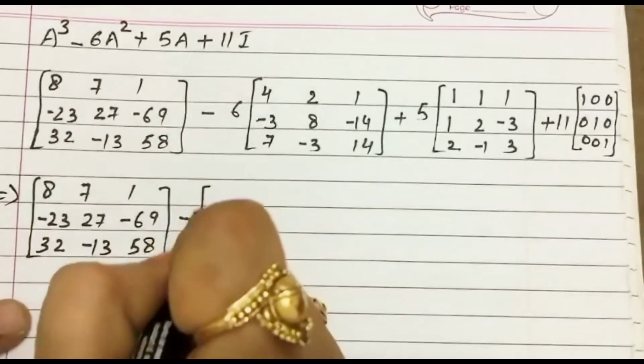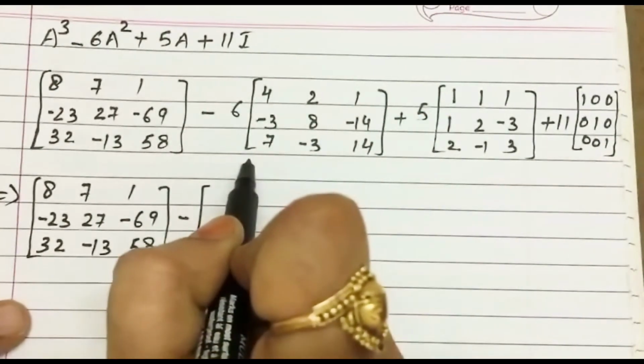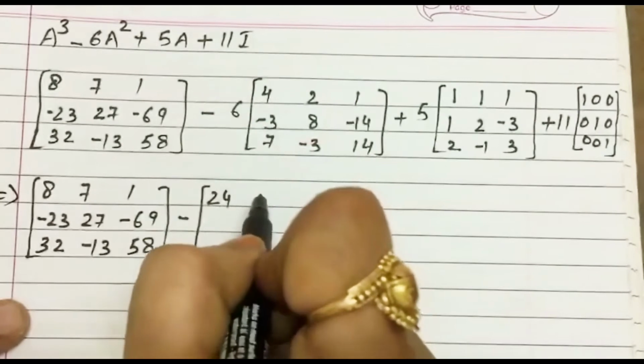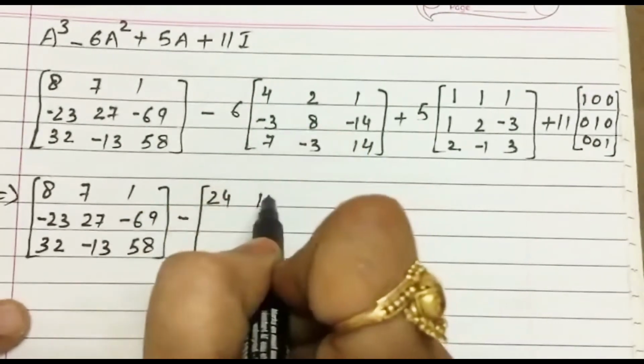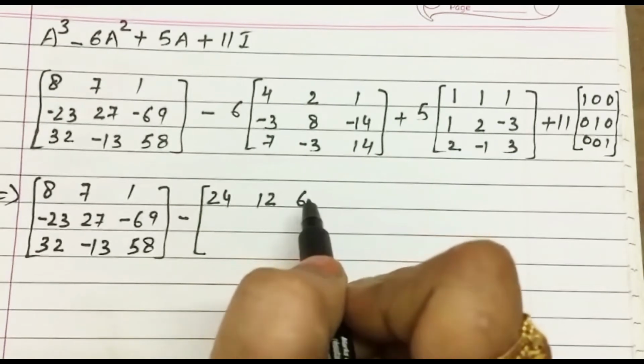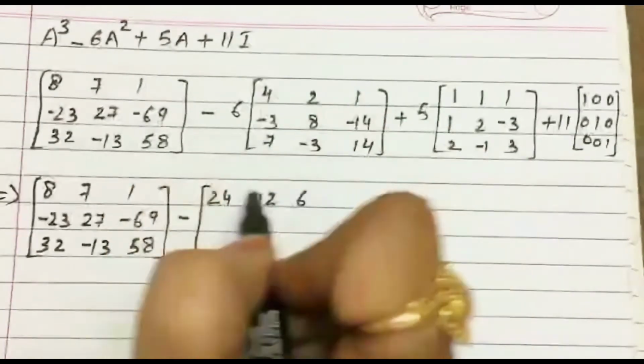Now multiply all elements with 6. So you will get here 6 4s are 24, 6 2s are 12. Here 6 1s are 6. Okay, and then write all values.